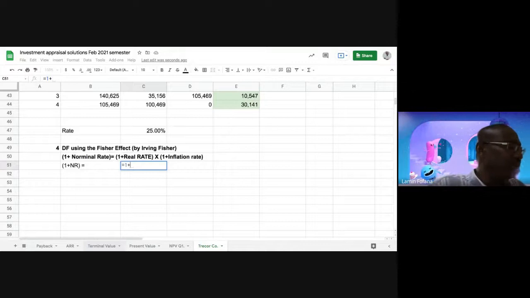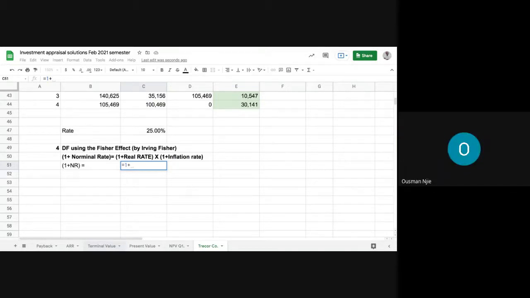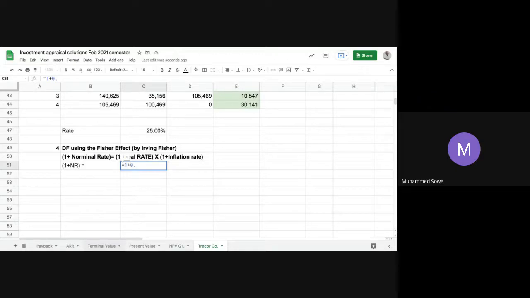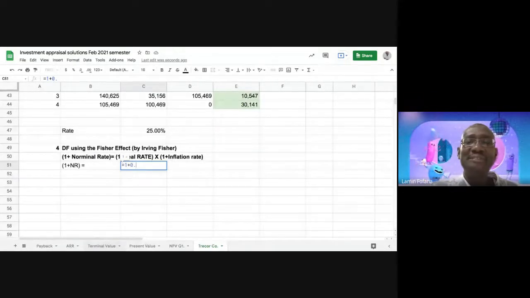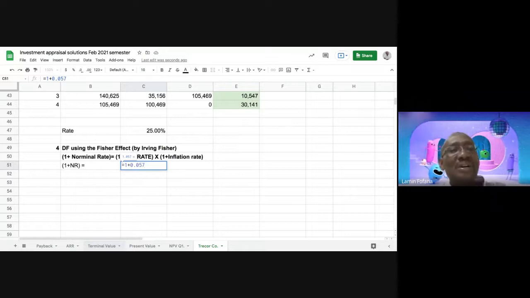What is 5.7% in decimals? It is 0.057. So it equals 1 plus 0.057.